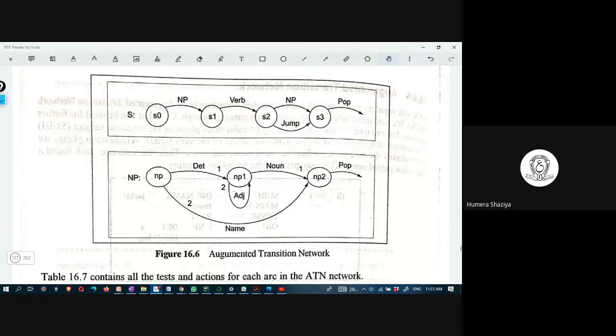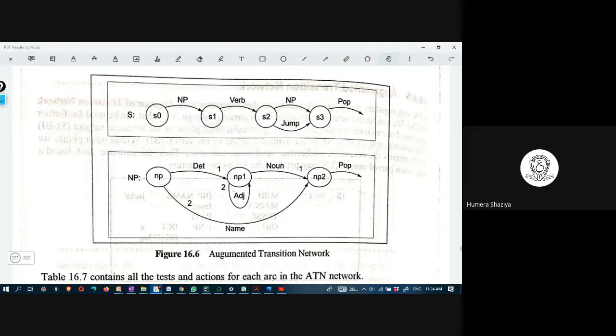And then here there is a noun phrase. How to implement a noun phrase? Let us look at the ATN, Augmented Transition Network, only for noun phrase. It is NP, NP determiner NP1, adjective, noun. Suppose there is no determiner, in that case NP would take the second route. This is the first path, this is the second path.